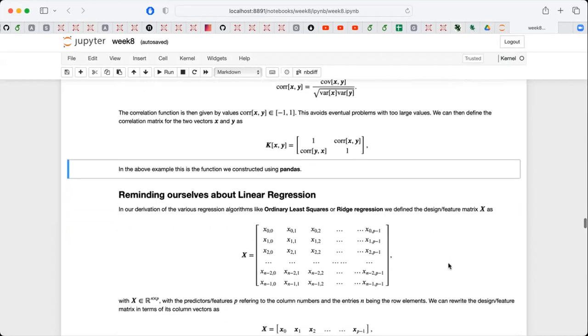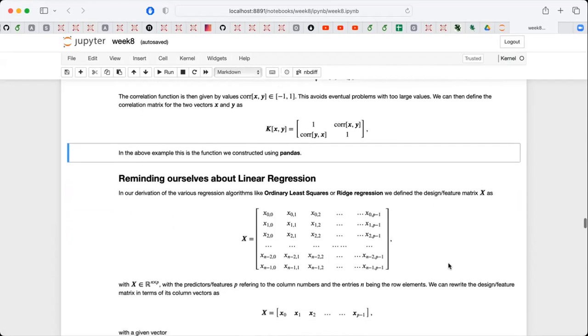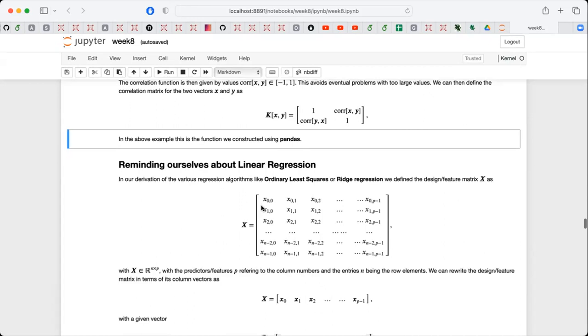So for those of you who've taken a course in machine learning, you may remember that when we did ordinary least squares or ridge regression, we could define a design matrix, and this is actually the kind of design matrix which we would feed in irrespective of method. So we would have the data sets from 0 to n minus 1, and then we have the specific features.